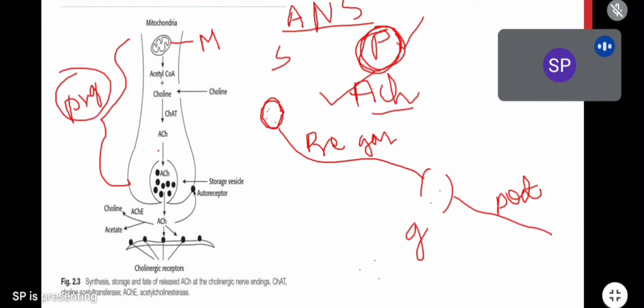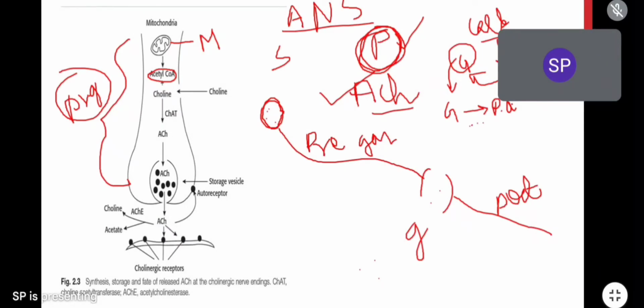A neuron is a cell, right? In this mitochondria we have acetyl-CoA. Where is this acetyl-CoA coming from, do you know? When we take carbohydrates, they enter the small intestine and are absorbed as glucose. This glucose goes to the cell. In the cell cytoplasm, glucose converts into pyruvic acid by the glycolysis process, which has 10 reactions.